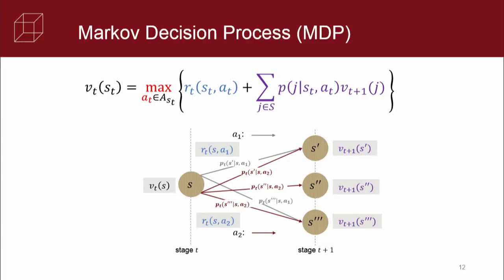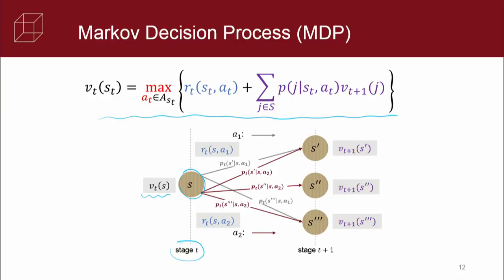Okay, so in this slide, we illustrate this Bellman optimality equation with this example. The value of the Markov decision process of the state S in a stage T is Vt(S). And this represents the maximum total expected rewards from the stage T to the end, right?